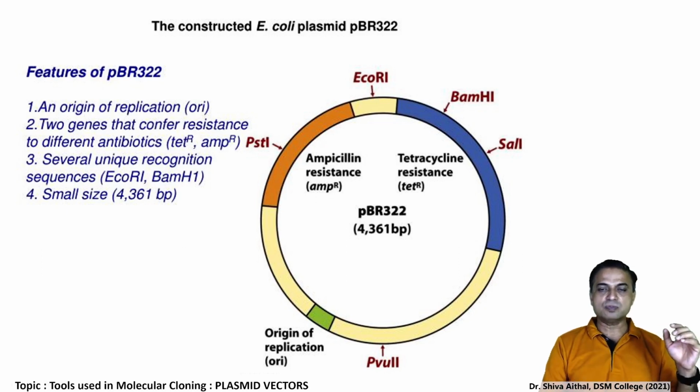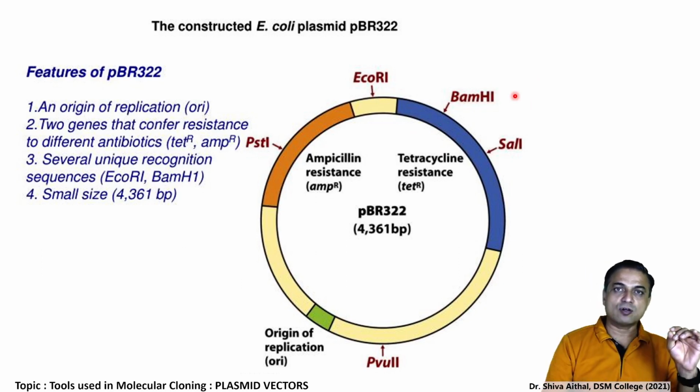They constructed this plasmid pBR, and this pBR is a 4.36 kilobase plasmid. It has a replication origin. There are two genes which confer resistance to antibiotics. One is the ampicillin resistance gene, the other is the tetracycline resistance gene. This tetracycline resistance gene contains two restriction endonuclease cleavage sites, one from Bacillus amyloliquefaciens, that is BamHI, which can act on this site.